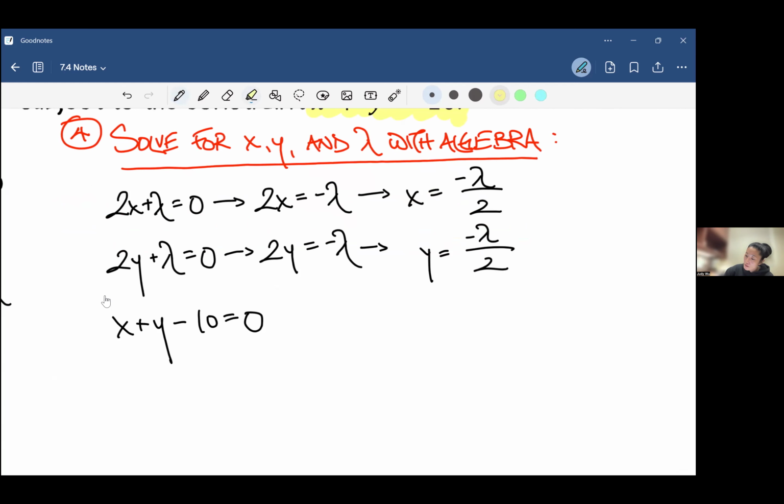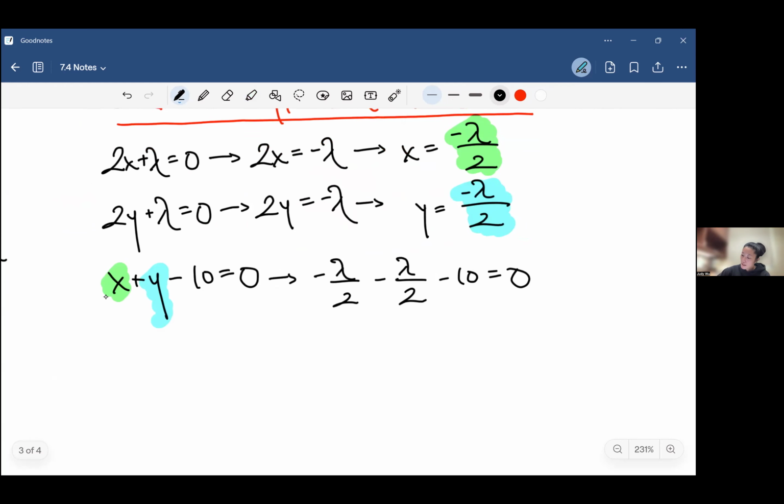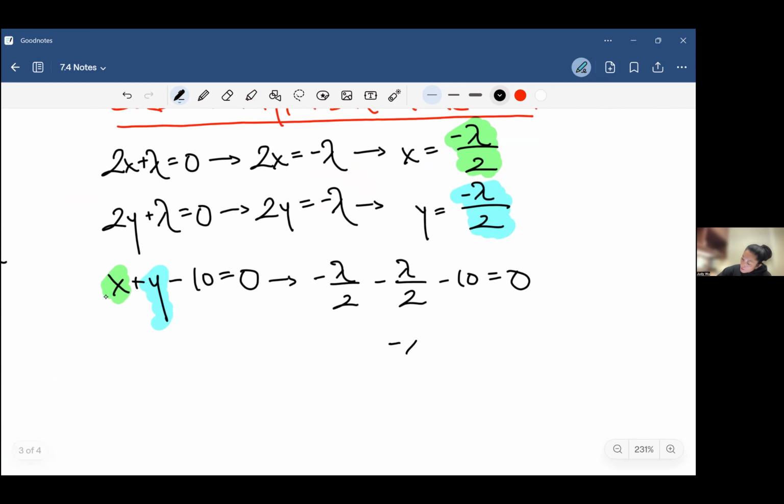And now I'm going to make those substitutions, negative lambda over 2 in for the x, negative lambda over 2 in for the y, and I'm going to be really careful about my signs. And this gives me a negative lambda equals negative 10, and then I get lambda equals a positive 10.